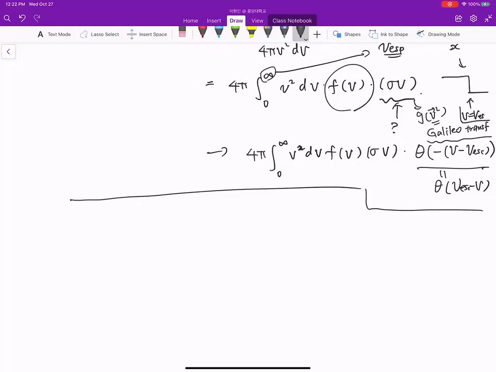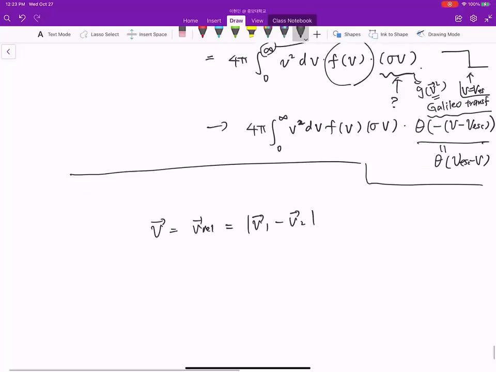Galileo transformation changes velocity. So this v is the relative velocity, because we are considering the collision of two particles.